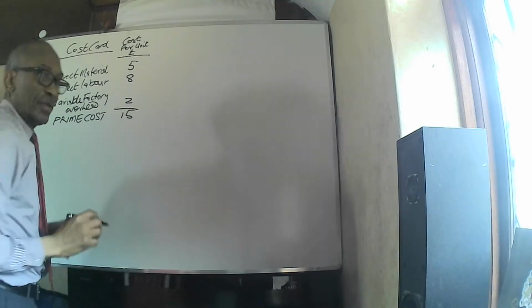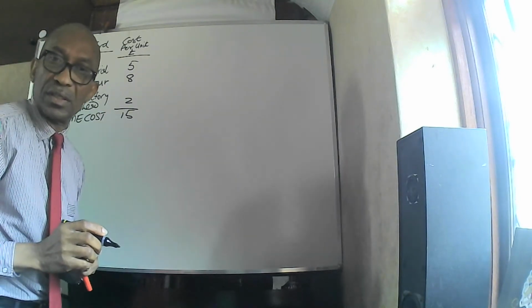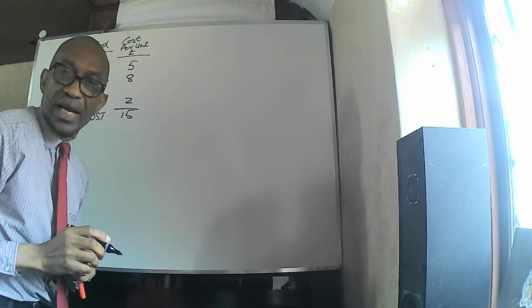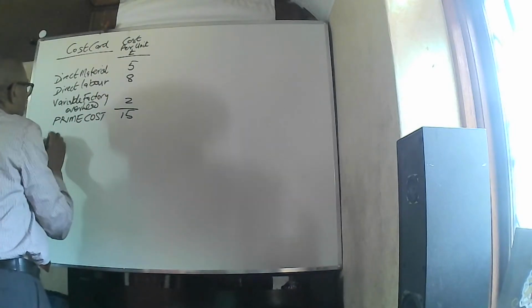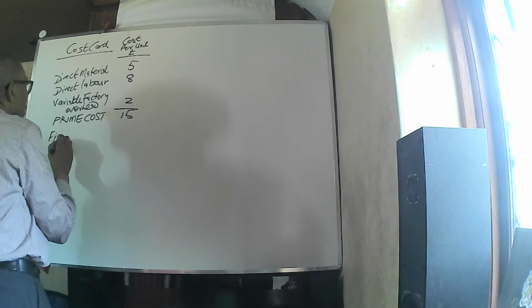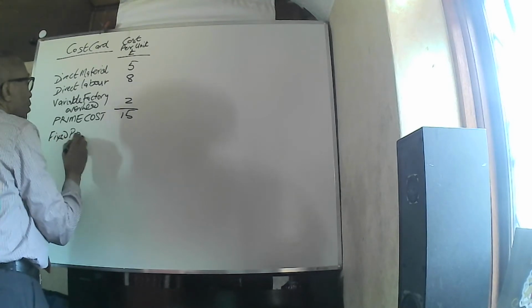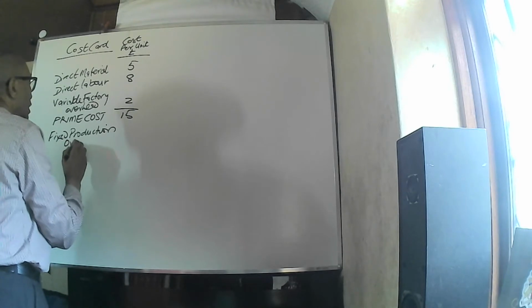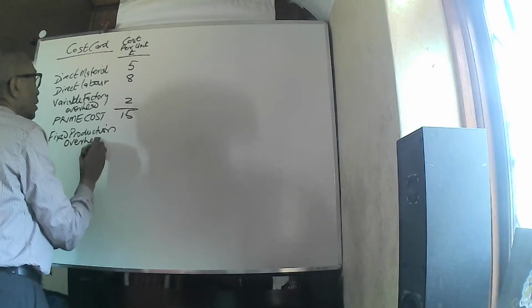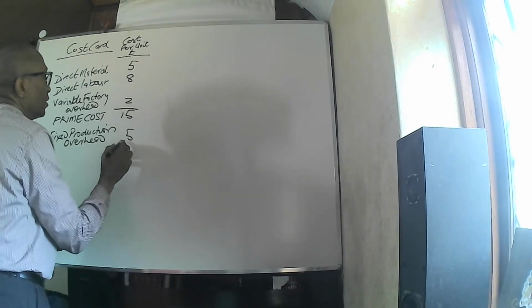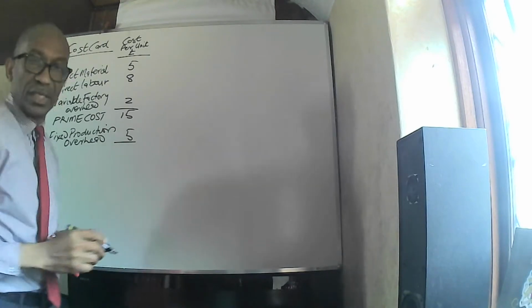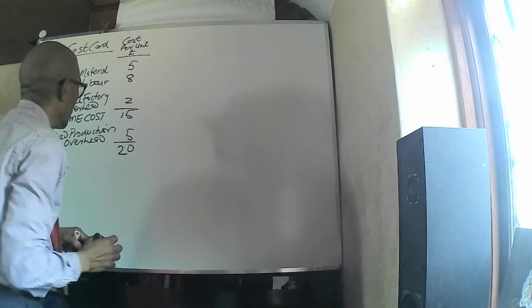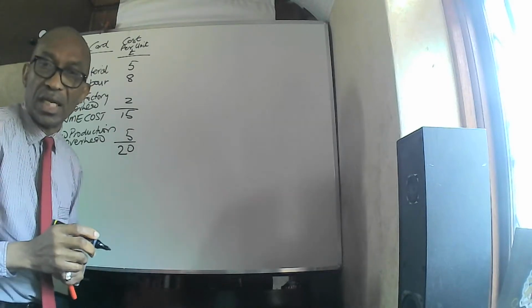Now we add the factory fixed production overhead of £5, which gave us a total cost of 20, called the standard cost and standard production cost.